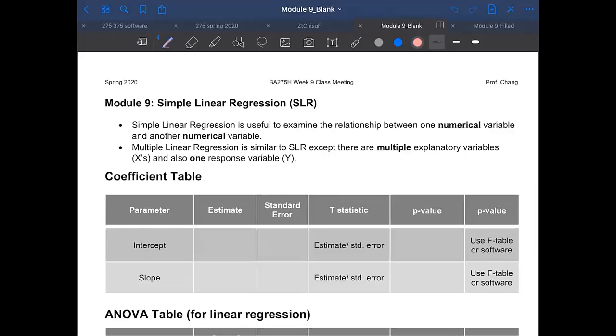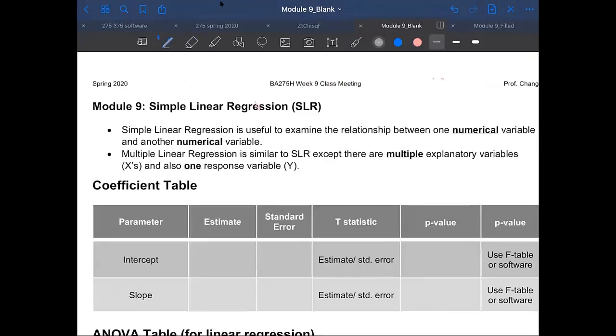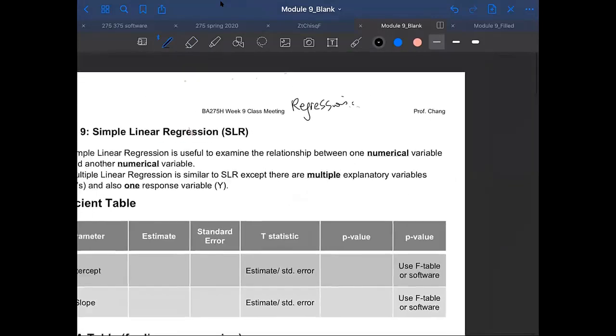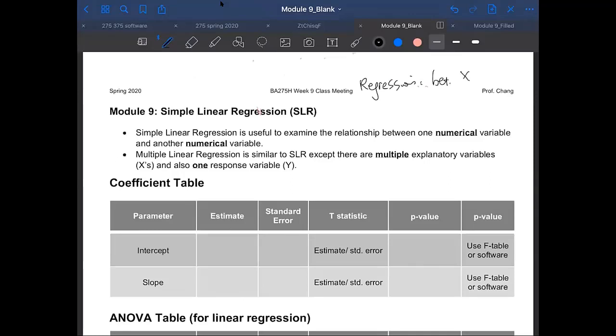Some textbooks call the x's the explanatory variable. I'm going to write it out here, as these are very important things. Regression talks about a relationship between x and y, where the x represents the explanatory variable.